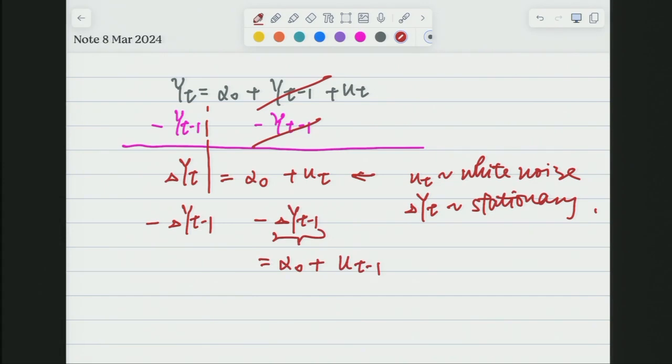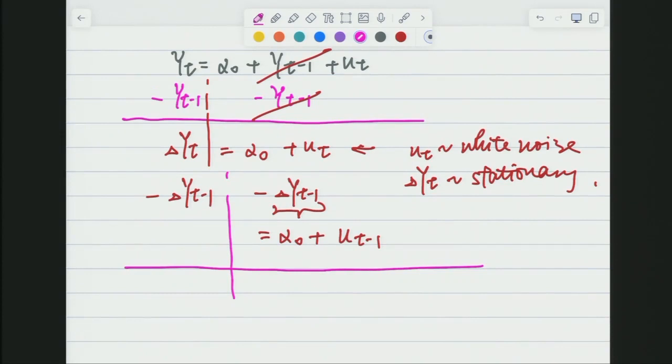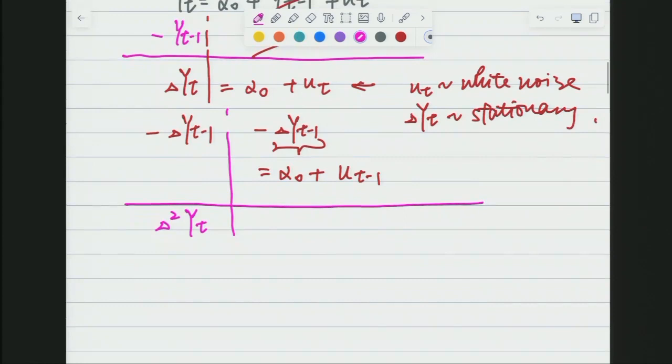Then this implies what we get on the left is the second difference, which is the difference between delta yt and its immediate lag. And on the right-hand side, what do we get? We have alpha naught plus ut minus the quantity alpha naught plus ut minus 1.